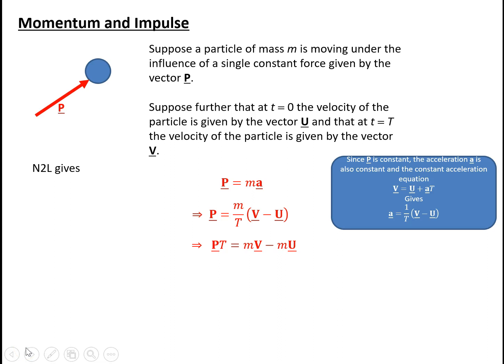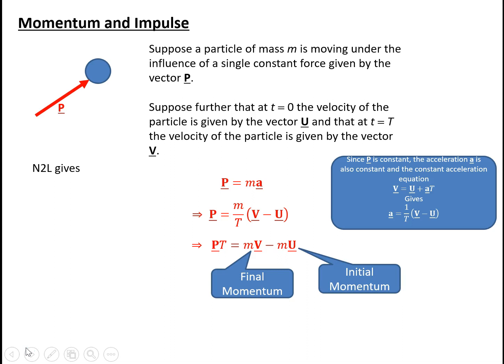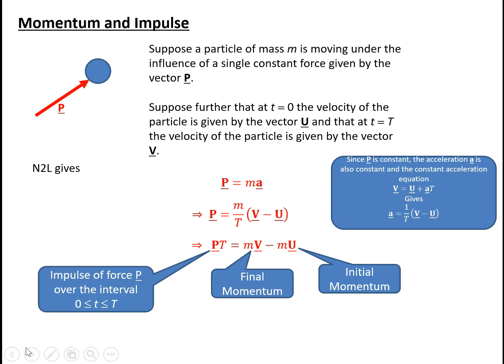Now, m times v is the final momentum of the particle. Momentum is a vector quantity, m times v is the final momentum, m times u is the initial momentum, and p times t is the impulse of the force p acting over the interval of length t.